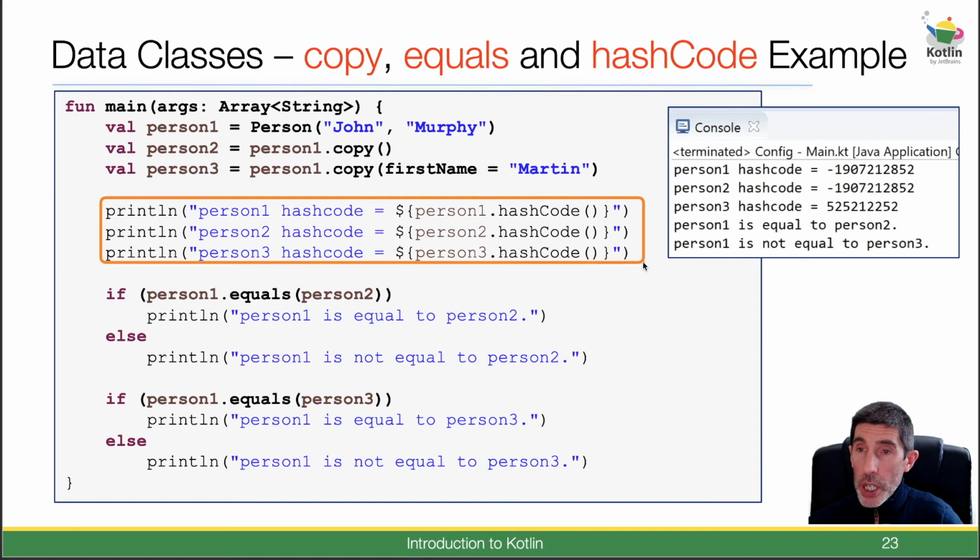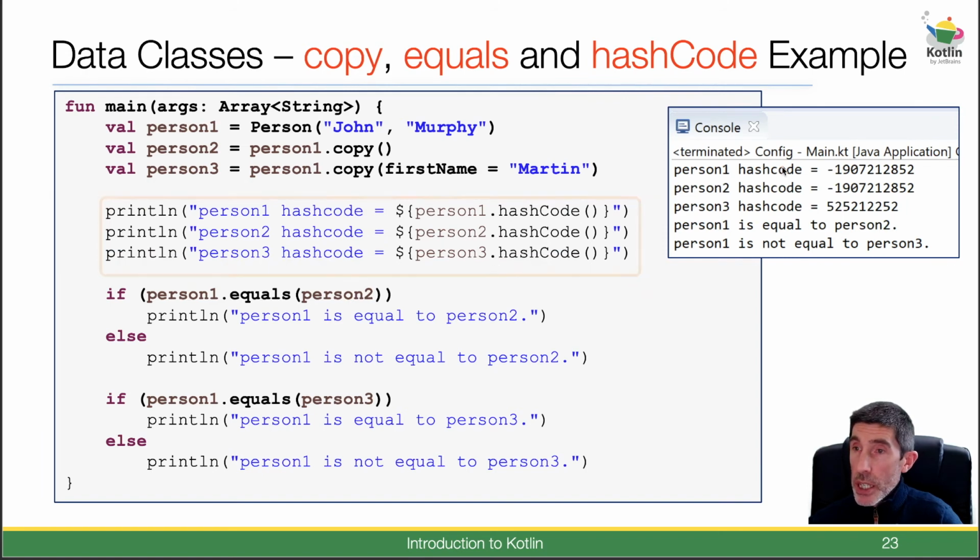We're calling the hash code of each, so you can see it up here. Our person1 and person2 have the same hash code. If you're familiar with the term, hashing is a way of optimizing how we store data and allowing us to retrieve it quickly. So you can have a unique hash code based on the data.